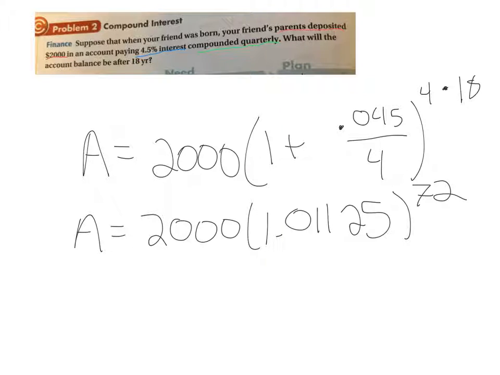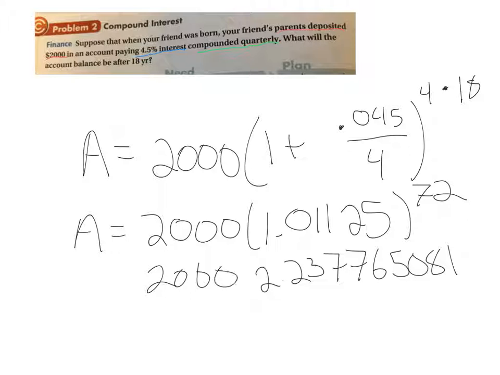Okay? All right, so once we have that, you can do your 1.01125 to the 72nd power, which gives you this number, 2.237765081, and you're going to multiply that by 2,000. Now remember, at the end of the day, we're talking about dollars, so there is going to be some rounding going on here.